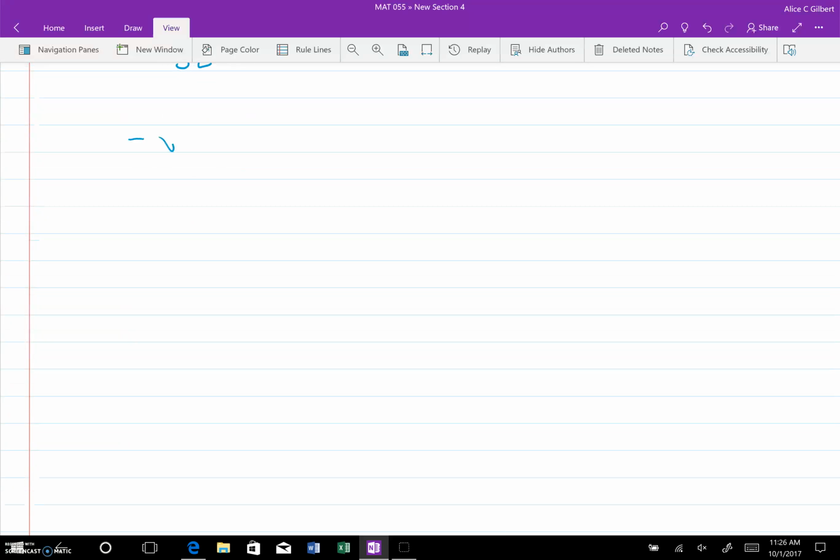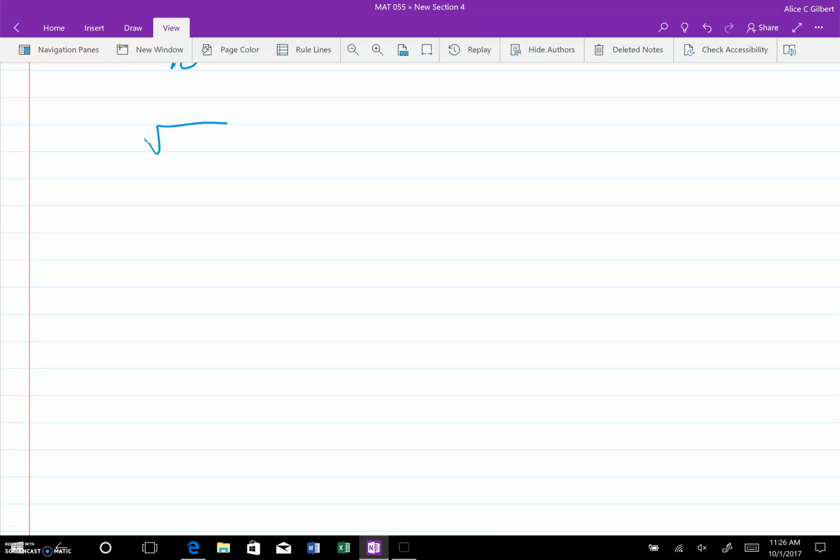If I have negative the square root of negative 81, well, I bring out the i. The negative stays there on the outside. The negative on the inside became the i. Then the square root of 81 is 9, and so my answer is negative 9i.